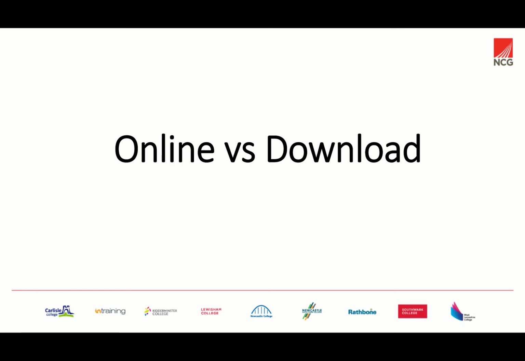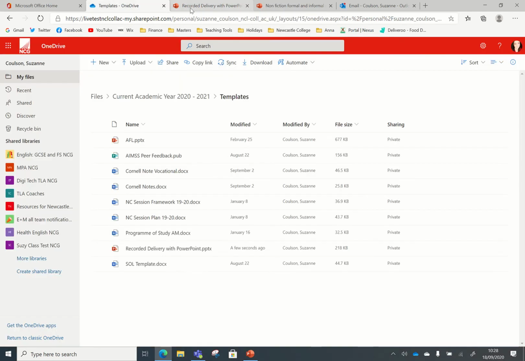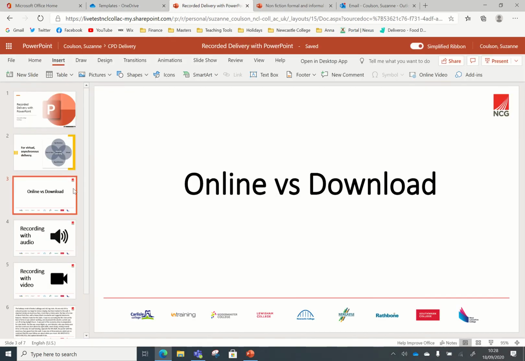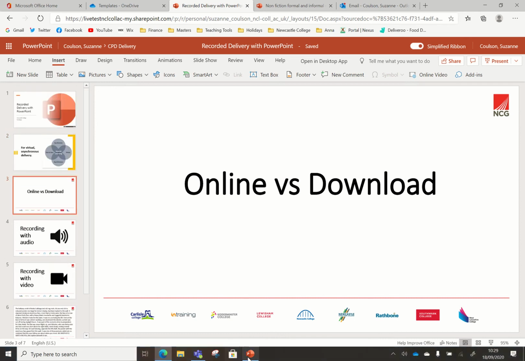That's what I'm talking about when I'm talking about the downloaded version. So just to quickly have a look here, this one I'm using is part of my Office 365, but for purposes of what we're doing here today, I have also downloaded a version. Now, in order to do what I'm going to show you, you need to have a downloaded version.